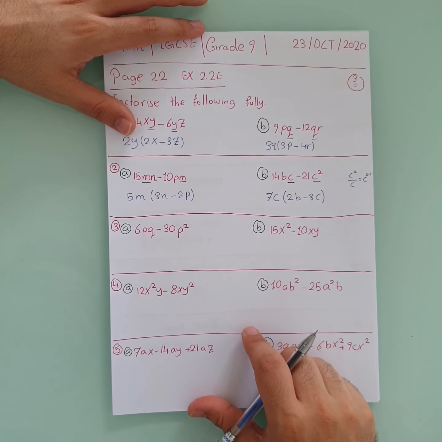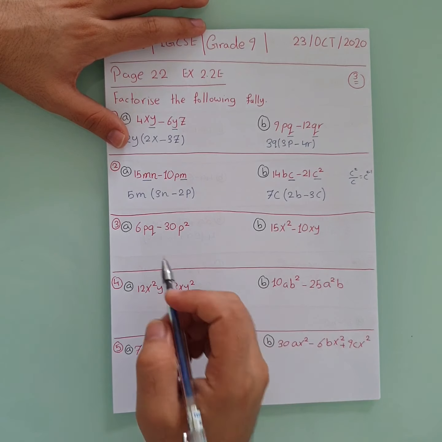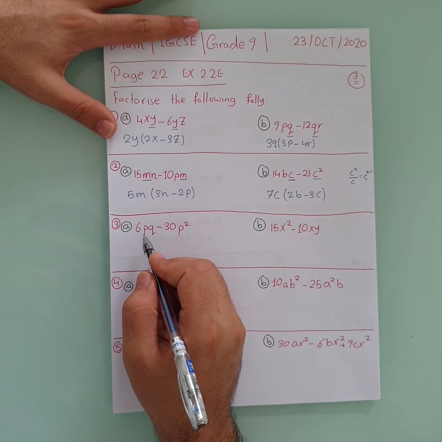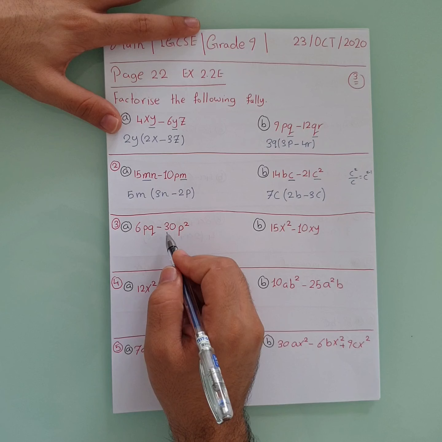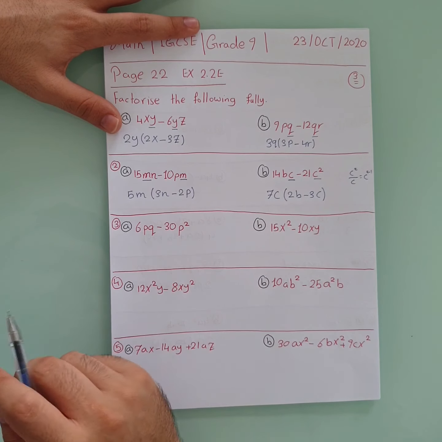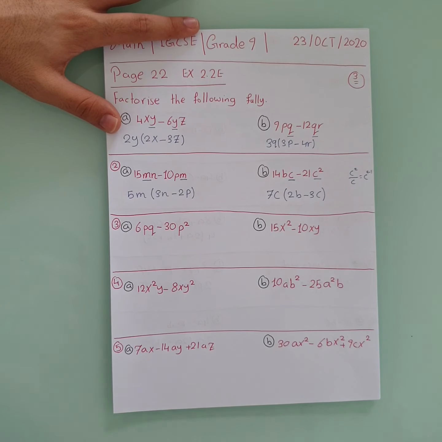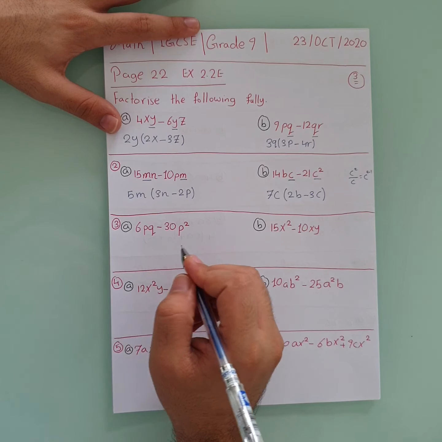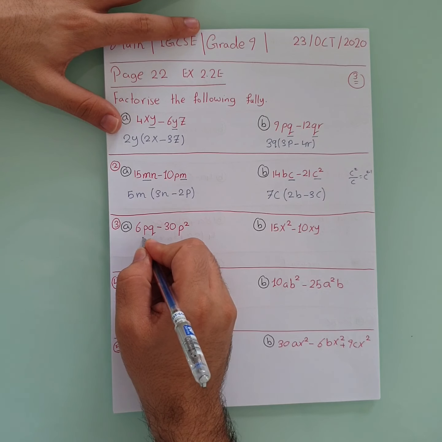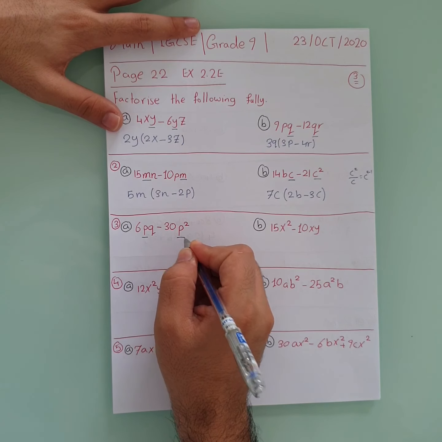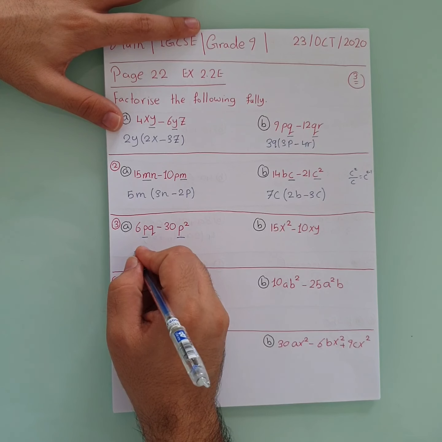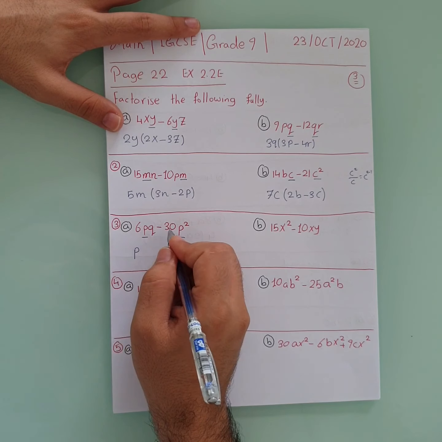Okay, let's go for question number 3 right now. It says 6pq minus 30p to the power of 2. So what is the common factor we have here? We have p and p, and we will take the lowest one, which is p only. How about 6 and 30?